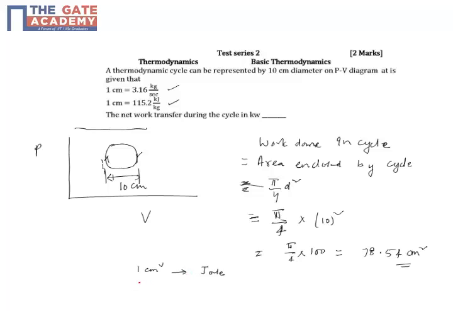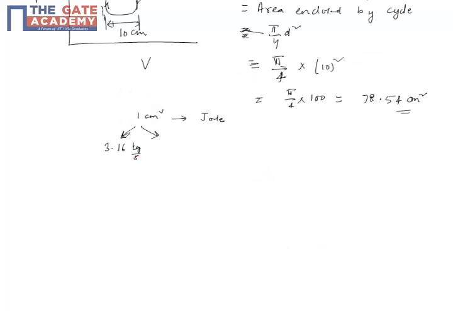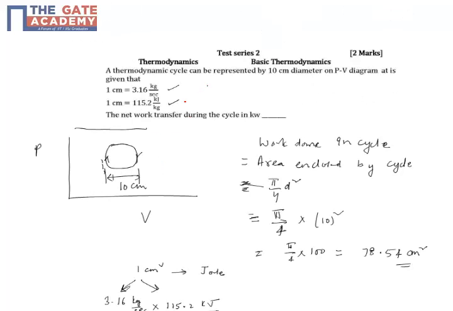So when you multiply this, because ultimately PV diagram area should be in joule, 1 centimeter is 3.16 kg per second into the other value, 115.2 kilojoules per kg. So if you multiply these two, yeah, 1152.